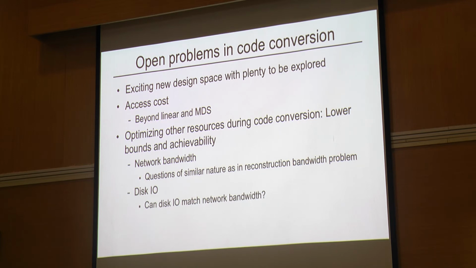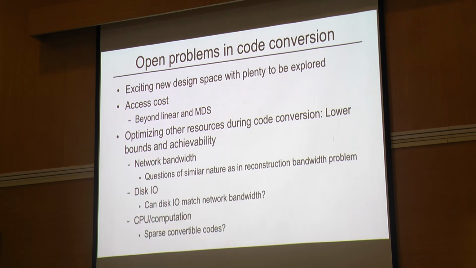As I mentioned earlier, disk IO bandwidth is only greater than or equal to network bandwidth. And similar questions have arisen in the reconstruction problem as well. And one of the key questions here would be, can the disk IO bandwidth match the network bandwidth? So in the access cost, they are always equal. But in the bandwidth scenario, there will be differences, just like in the reconstruction problem.